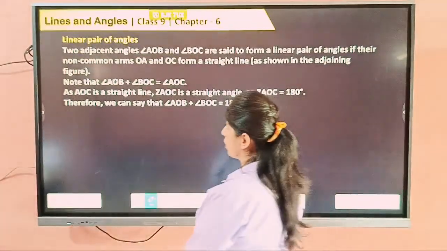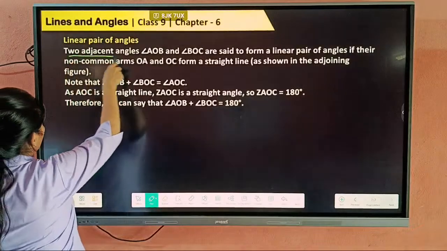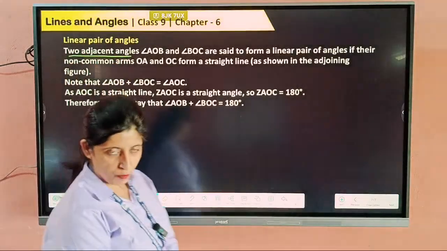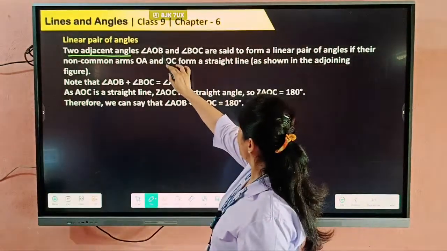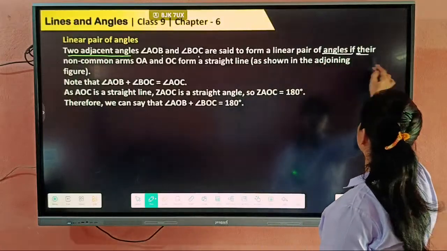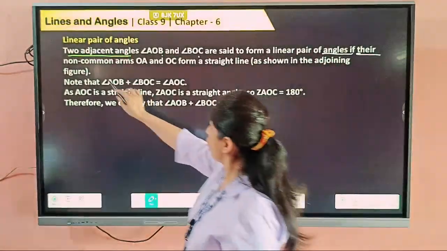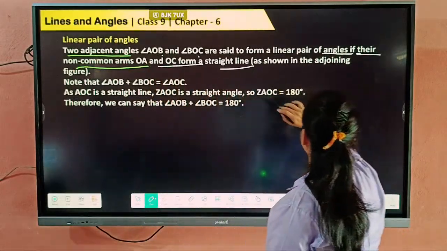Next, linear pair angles. Two adjacent angles, as already written here, because they also form adjacent angles. Angle AOB and BOC are said to form a linear pair of angles if their non-common arms OA and OC form a straight line, right?